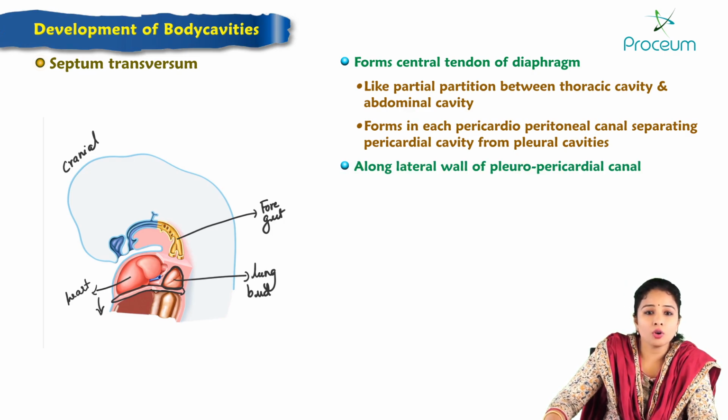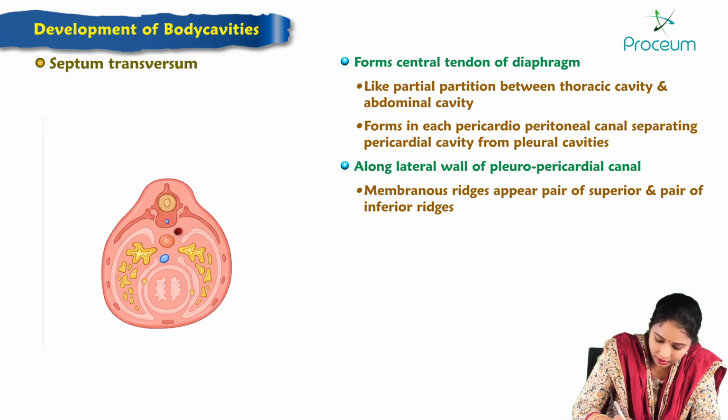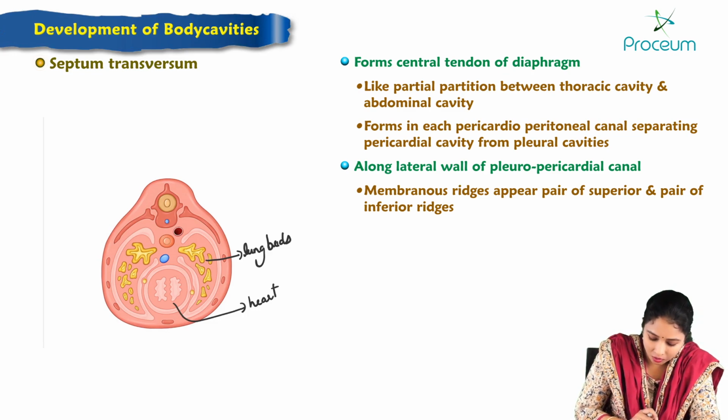Along the lateral wall of the pleuropericardial canal, membranous ridges appear, a pair of superior and a pair of inferior ridges, because of the growth of lung buds. So here are the lung buds which have grown enormously, and this is the developing heart. This forms the pleural cavity where the lung buds are located.